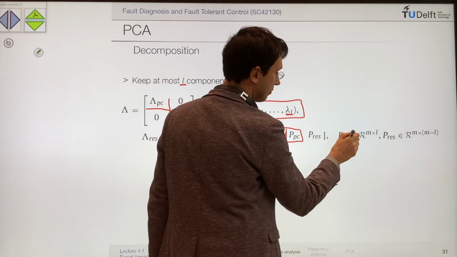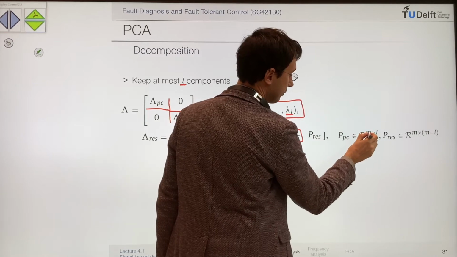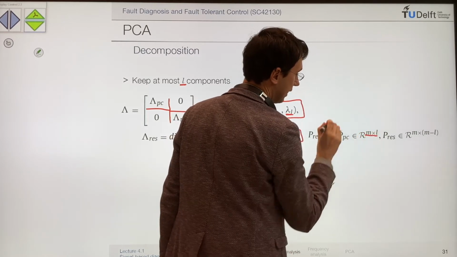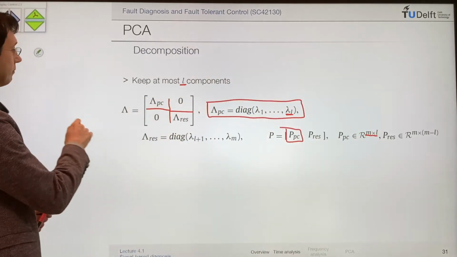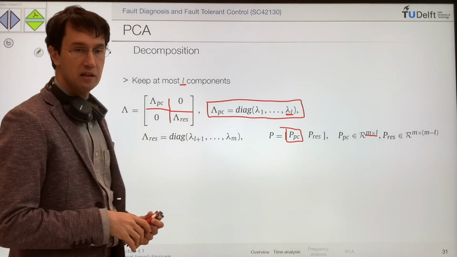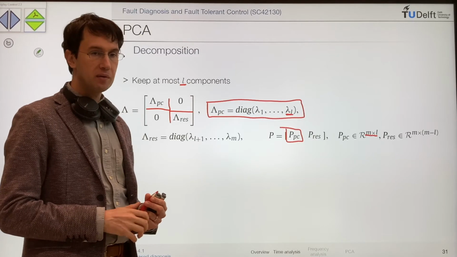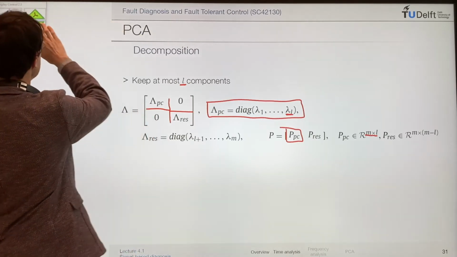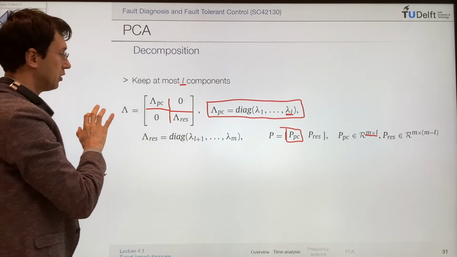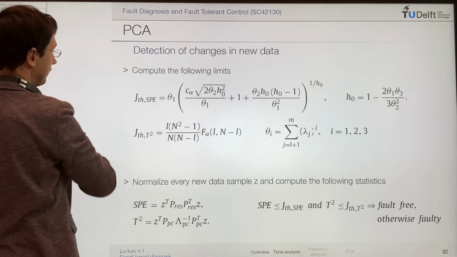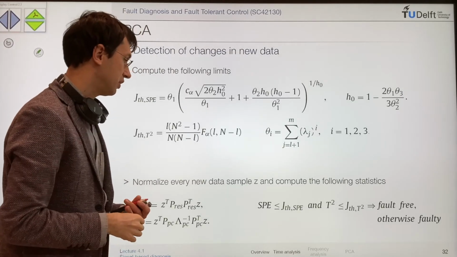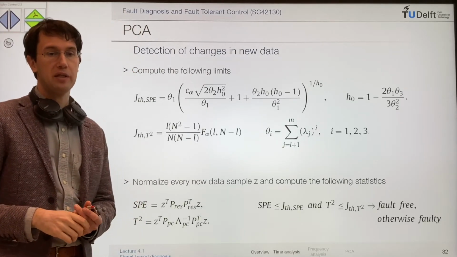P principal components is a matrix with dimension M by L. Okay. So once we split our transformed data, we have just gone through one part of the job, which is to generate features. Now we need to generate symptoms and evaluate them.